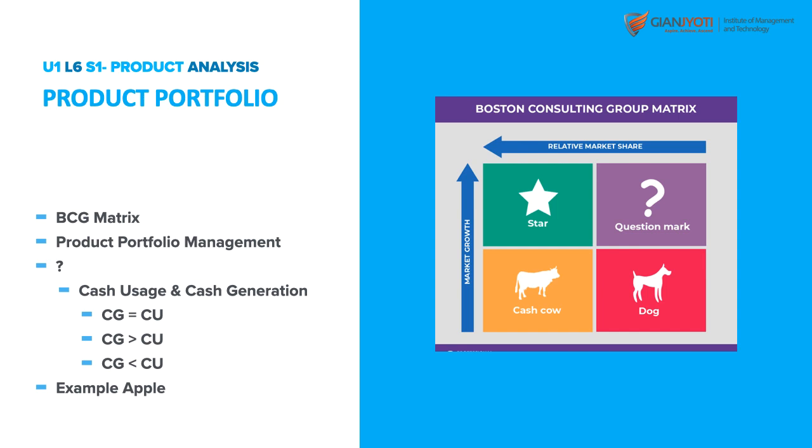Now you have to associate these two things, where you generate cash and where you use cash, with the two things: market share and market growth. Would you like to associate cash generation with market growth or with market share? Put one element, either cash generation or cash usage, and match it with market share or market growth.